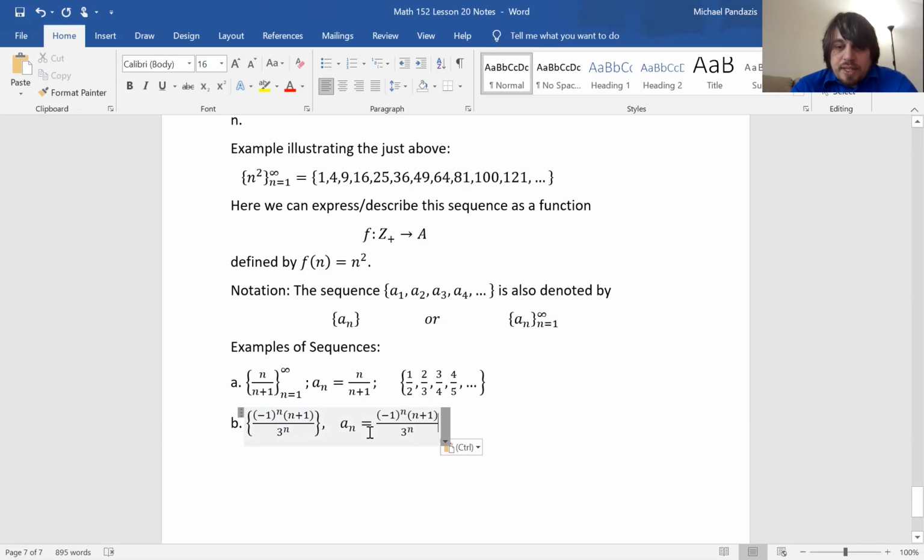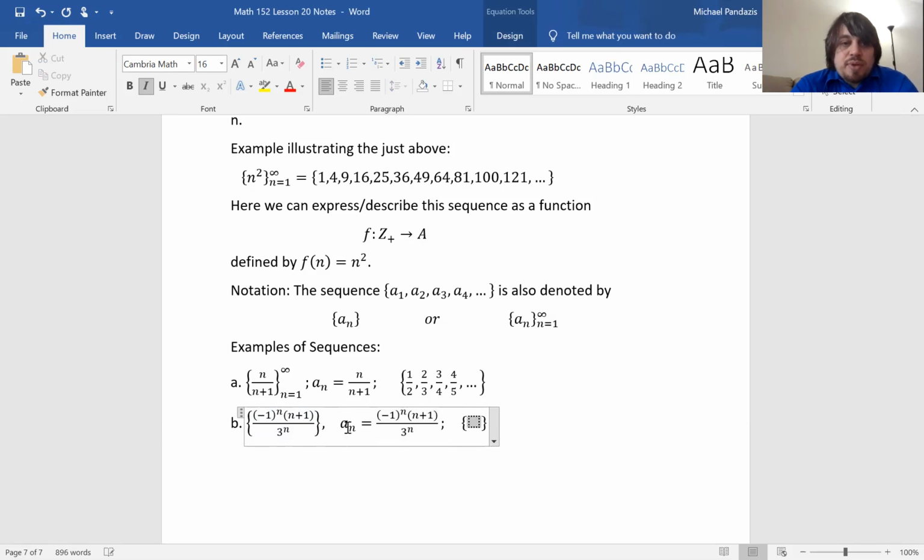That's a sub n. And the list it's describing is you plug in the values. For n equals 1, you get negative 1 times 2 over 3, so you get negative 2/3. That's the first term. When n equals 2, you get negative 1 squared, which is 1, 2 plus 1 is 3, 3 over 3 squared is 3/9.